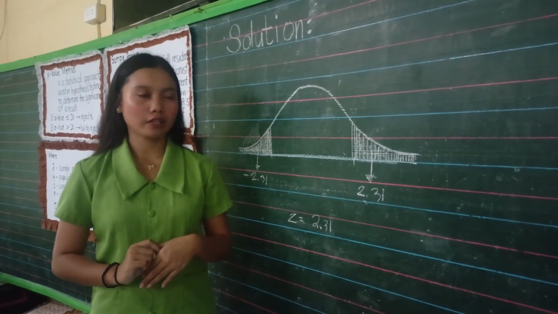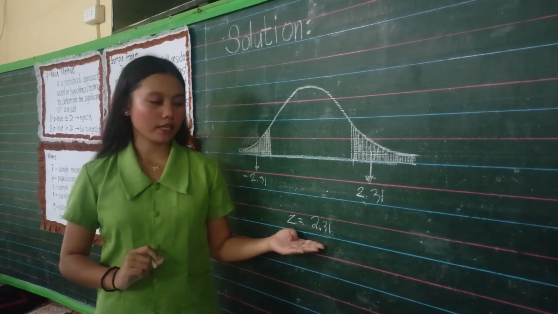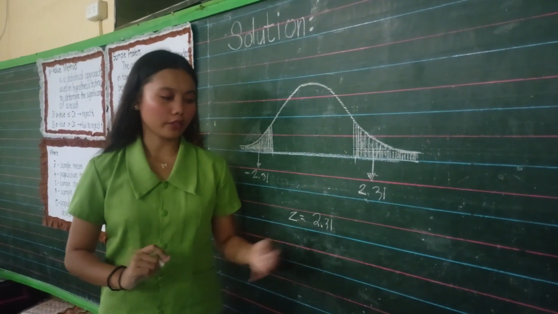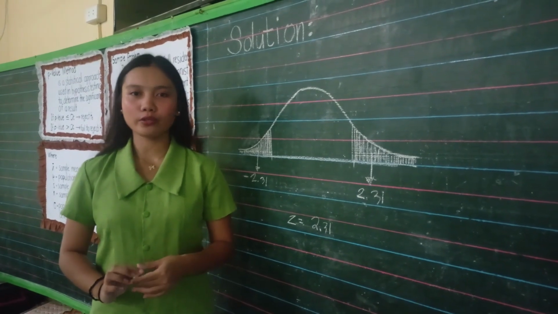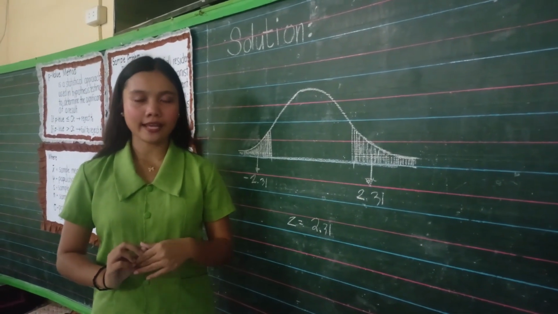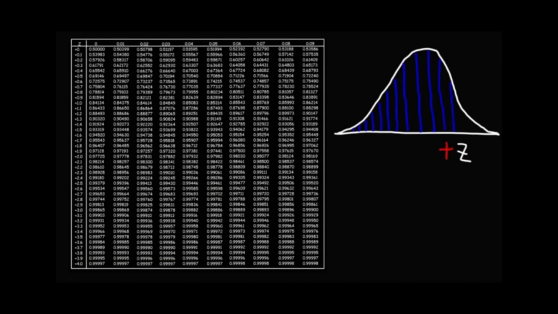Now, we have the value for our z. Our z is equal to 2.31. So we are going to use the same table and get the area. Here is the positive z-score table. We have the z value and we want to find the corresponding area to the left.